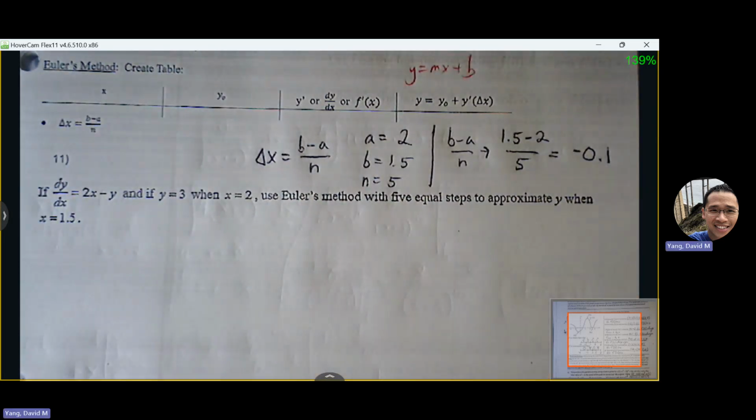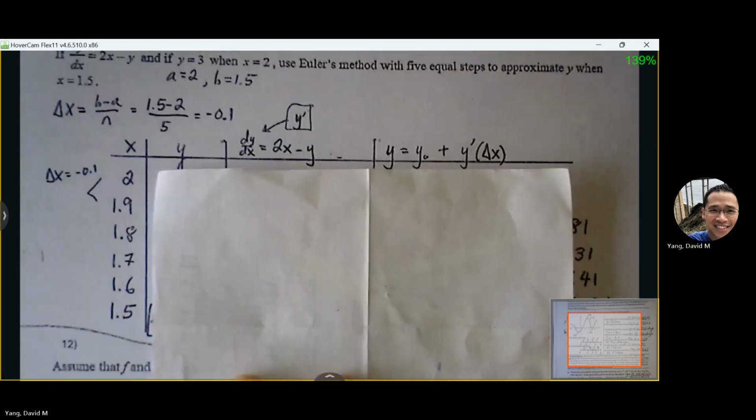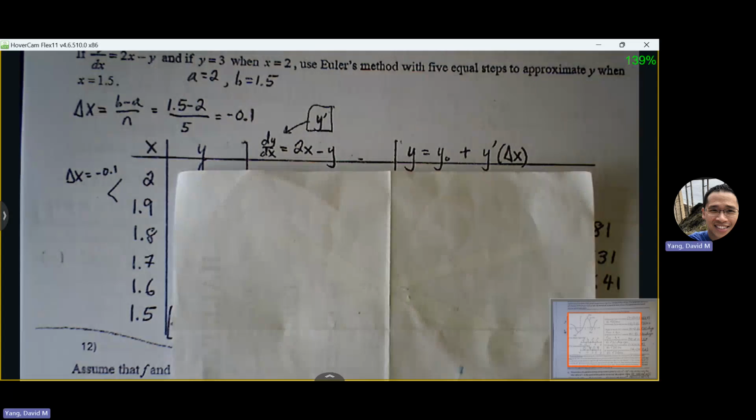So in this case, delta x is negative 0.1. We can start our table this way: start at 2 and go down by negative 0.1 until you reach your destination.